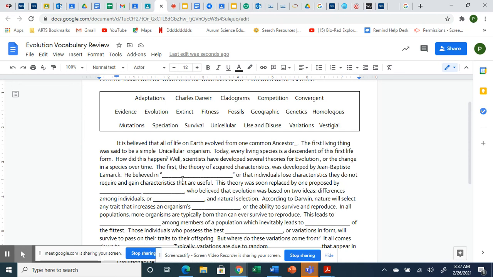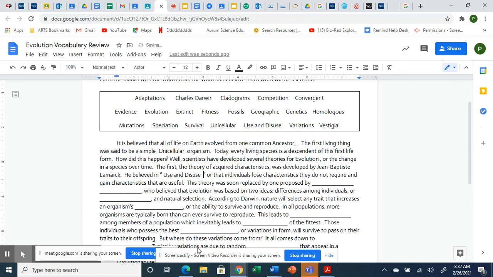He believed in, maybe it was use and disuse. This is harder than I thought. So aren't you happy I'm doing this? This theory was soon replaced by one proposed by Charles Darwin. I know this one.